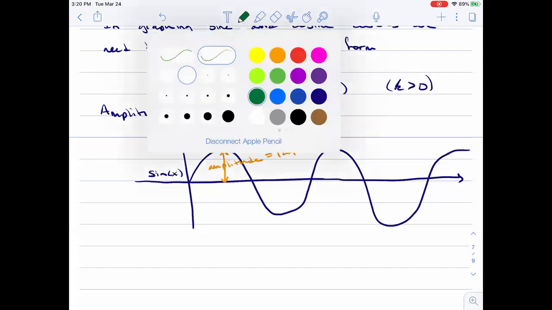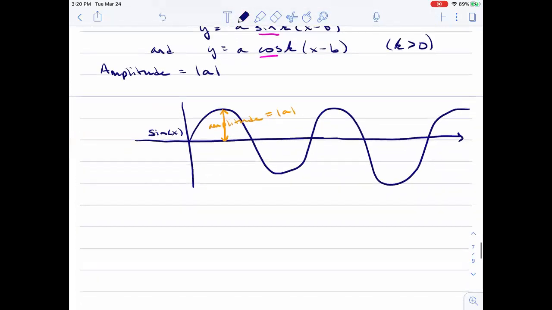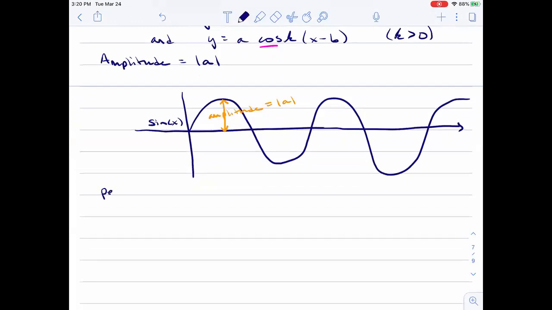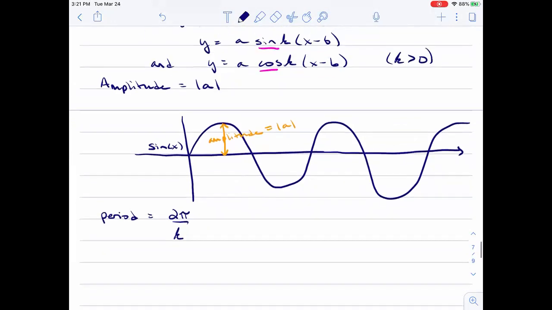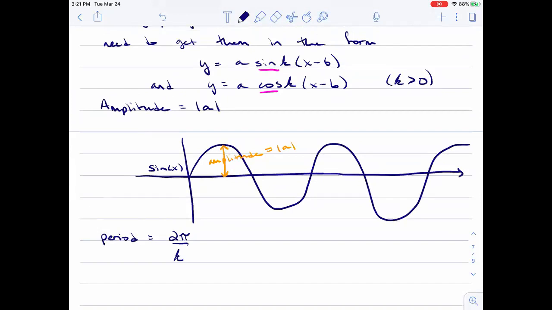The next thing that's in that definition is that the period is 2 pi over k. And I have a feeling that these are slightly different from what you have on your formula sheet, but just in terms of the notation, not the ideas. So if you've got k, then the period is going to be 2 pi over k.